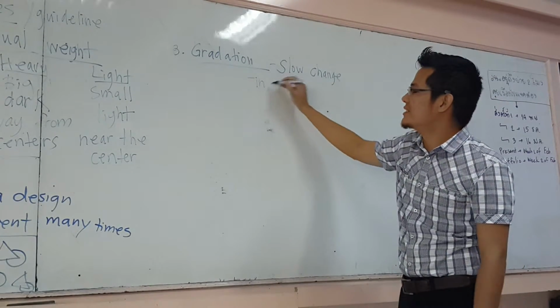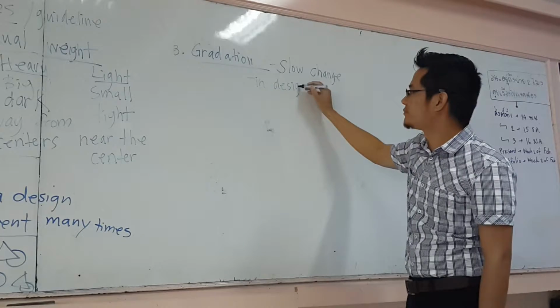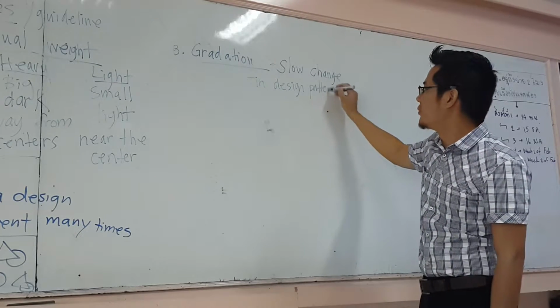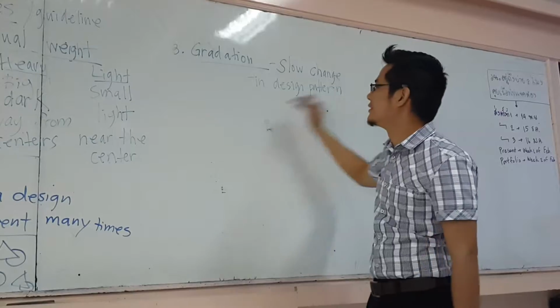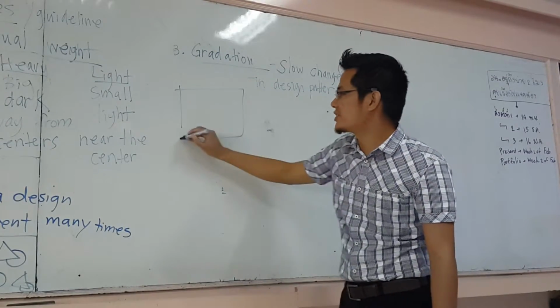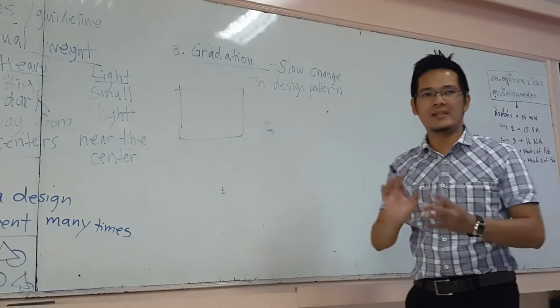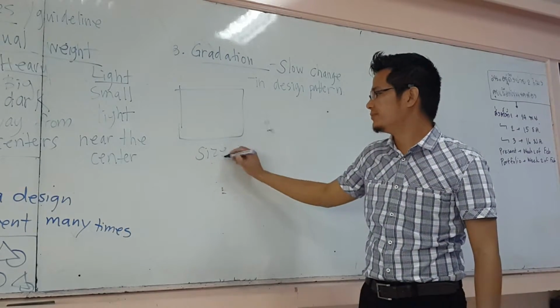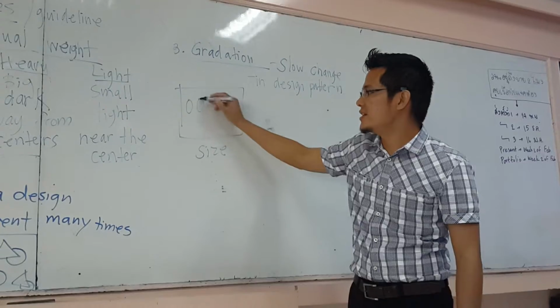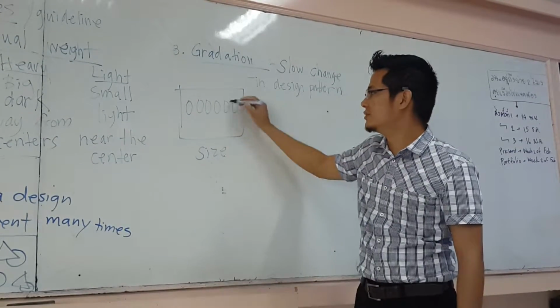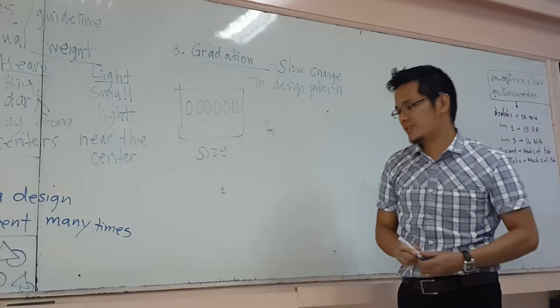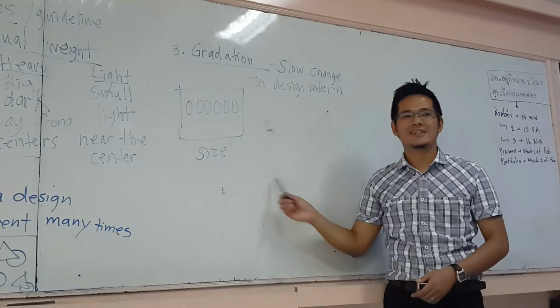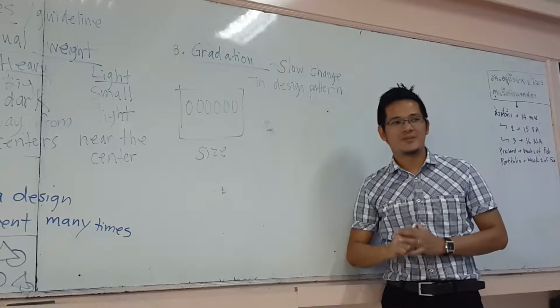Okay, in this design pattern, what we want to happen is we want to create a change in the pattern, but it has to be slowly. So this first example, let's say you have a series of oval shapes. Right? I want another student.